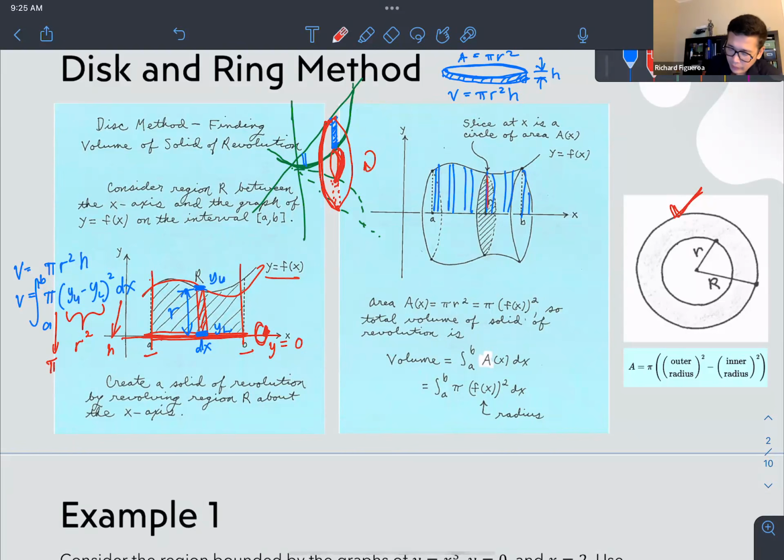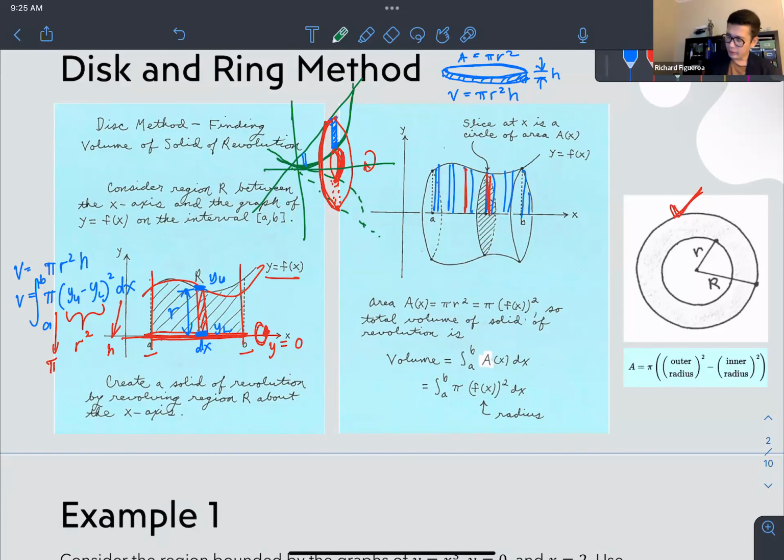The strip that we use, once we move it to different places, always touches the axis of rotation, then that will be a disc. But if I move the strip and there are cases, similar to this, where it does not touch the axis of rotation, then that makes it a ring.